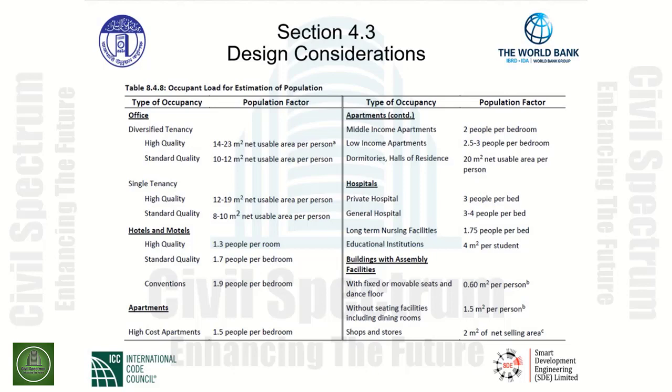And as you can see, the categories apartments, hospitals, and buildings with assembly facilities are also given, with the population factors for those particular areas within buildings.